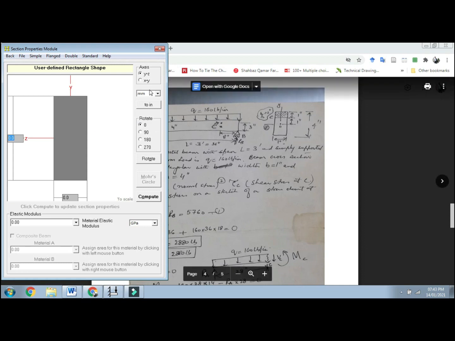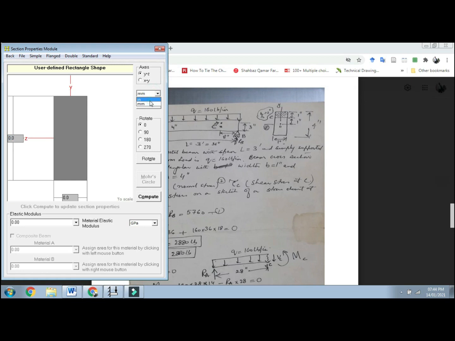So we write it as inches, and this height is 4 and this is 1 inch, and this is 0.